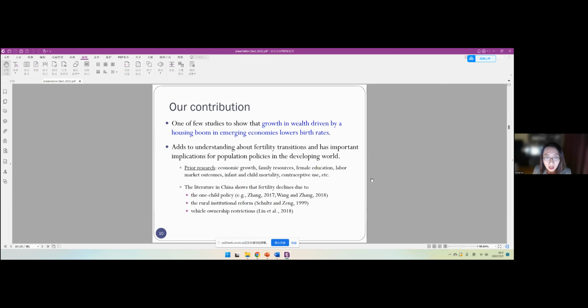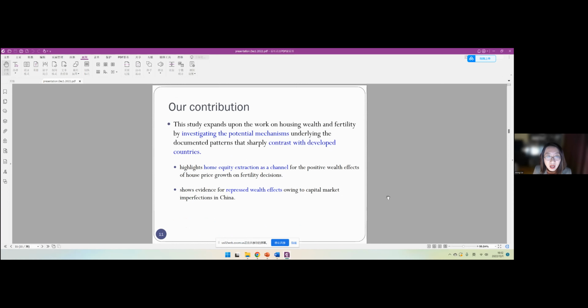The literature investigates the determinants of fertility levels in developing countries, including economic growth, family resources, female education, labor market outcomes, China's one-child policy, the rural institutional reform, and so on. So this study adds to understanding about the fertility transition in the developing world.